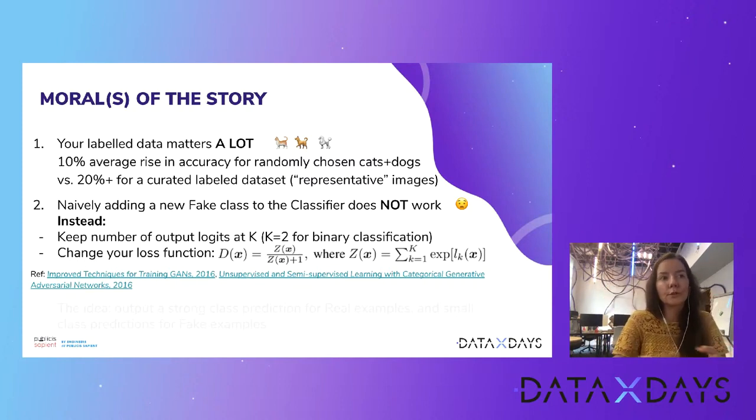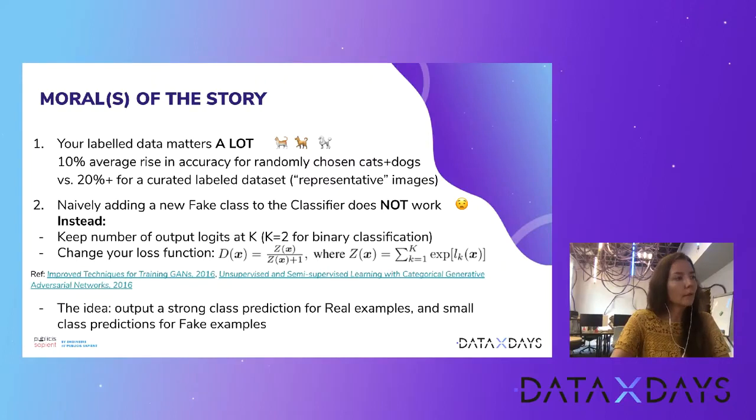And if your image is none of the real classes, it means that it is fake. So effectively, you have added a new class to your classifier, but you have done so without increasing the dimensionality of the output layer. The idea is to output a strong class prediction for the real examples and small class predictions for the fake examples. So if you're not sure, you're saying that it's fake.